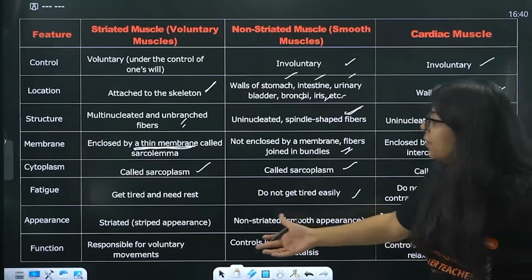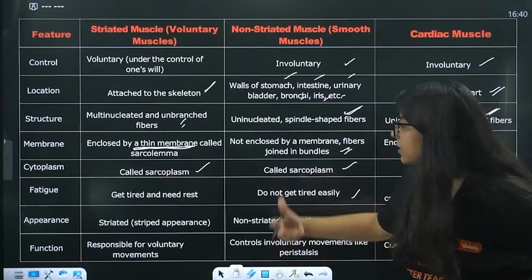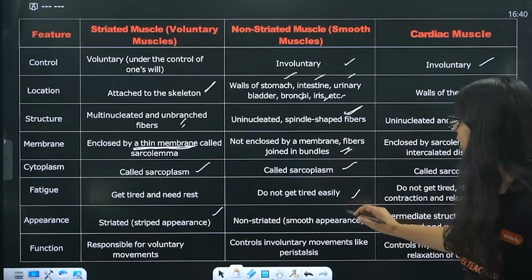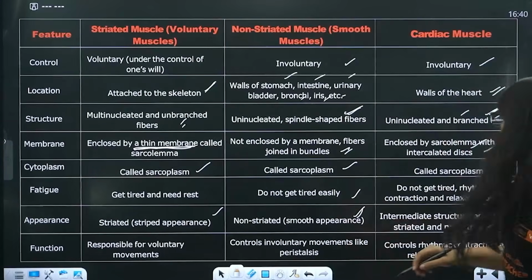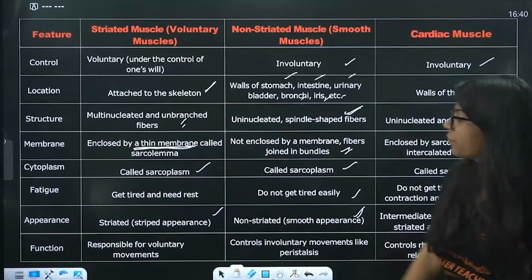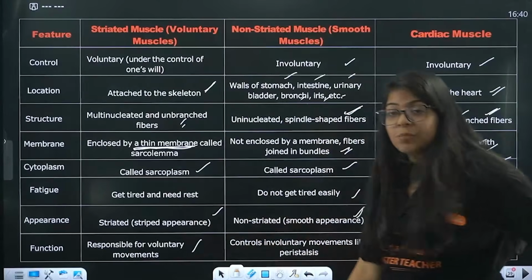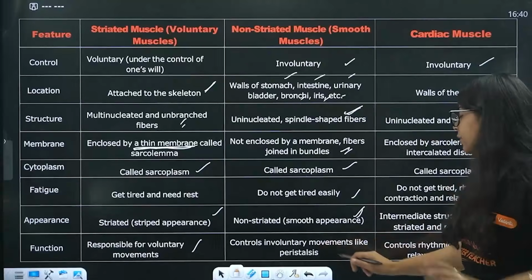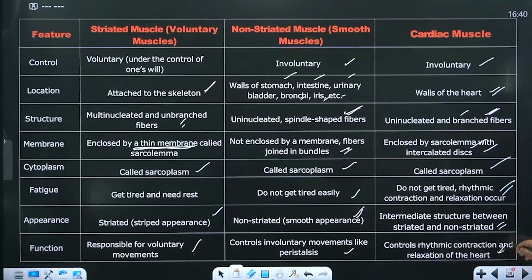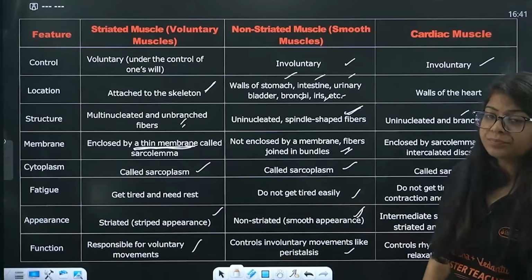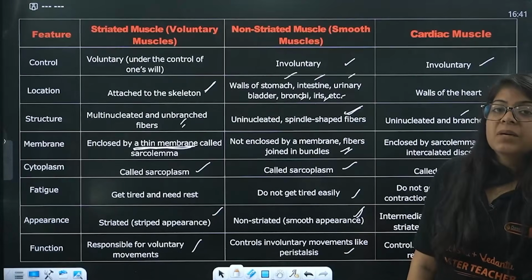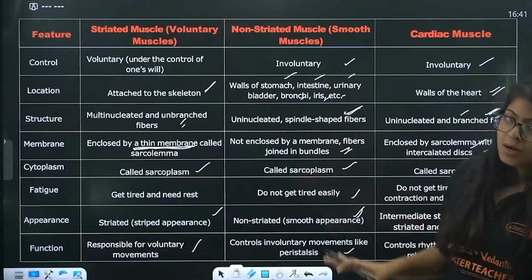Then beta, striated muscles have a striped appearance, non-striated have a smooth appearance, and cardiac have an intermediate structure between striated and non-striated. Function: striated muscles are for voluntary movements, non-striated are involuntary and control movements like peristalsis, and cardiac muscles control rhythmic contraction and relaxation of the heart. Done. All the parts of the muscle tissue are done.